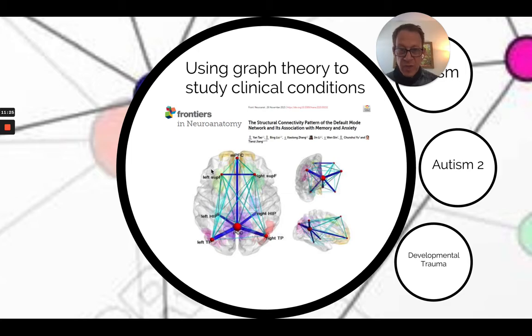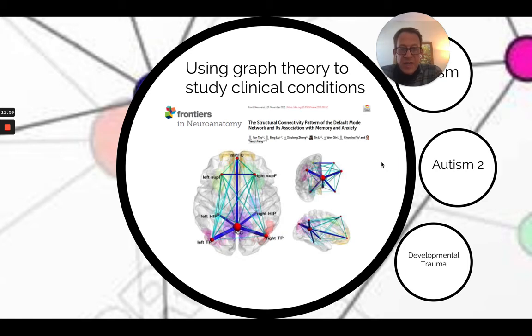Graph theory network analysis has been used to understand several different clinical conditions. This is a measurement of the default mode network that shows you the connection from frontal to parietal regions, which is what we understand that network to represent. And it's responsible for us being at rest, relaxing, being calmer, being able to use our attention and memory skills to their betterment, because the calmer we are, the better we can do that.